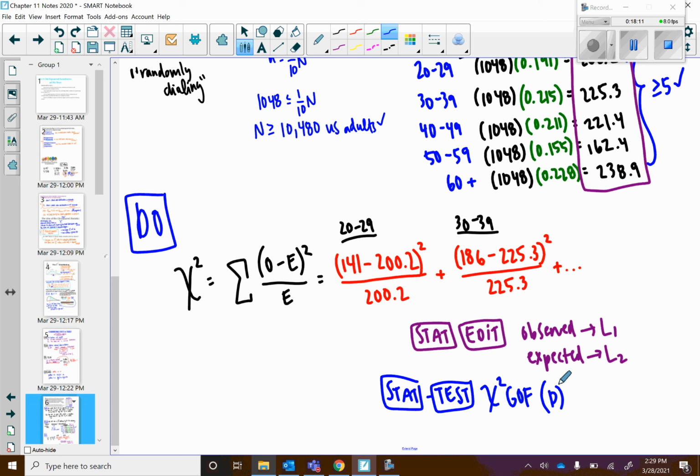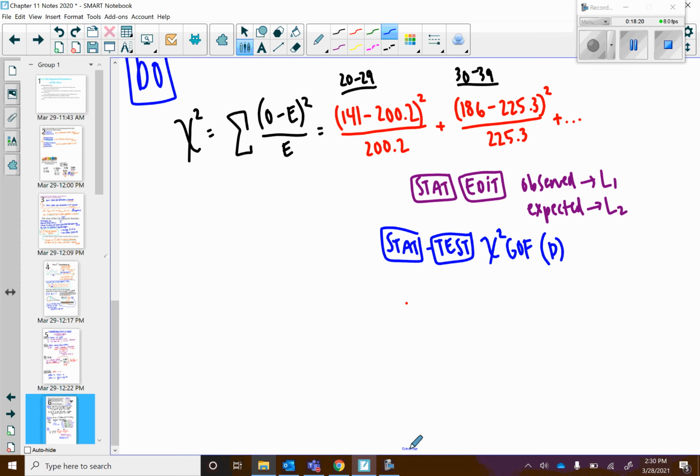Chi-squared goodness of fit. And when I select that, hopefully it prompts you for observed and expected. If it doesn't, you would just type in list 1, comma, list 2, but it would ask where you put your observed, where you put your expected, and then it asks for degrees of freedom.